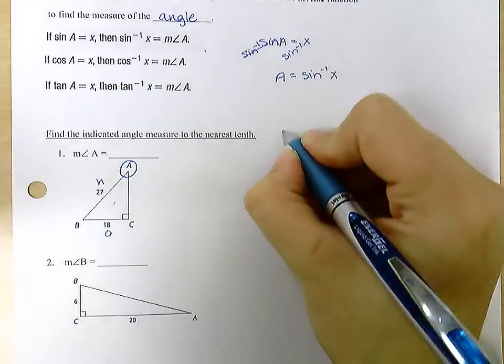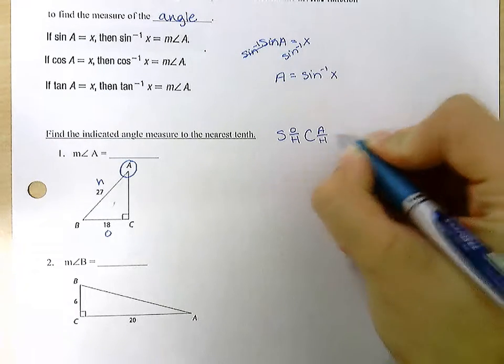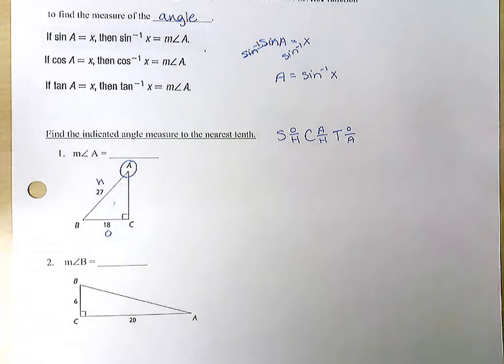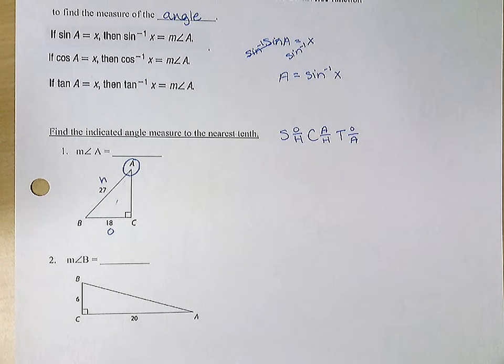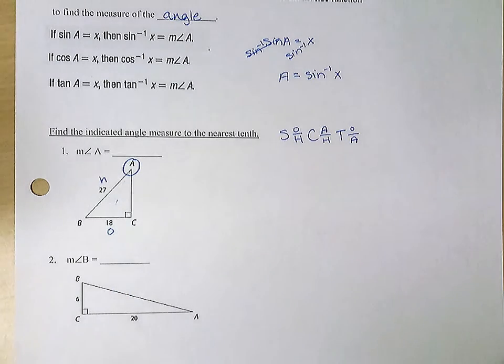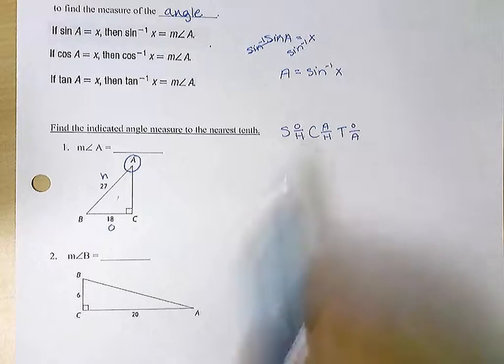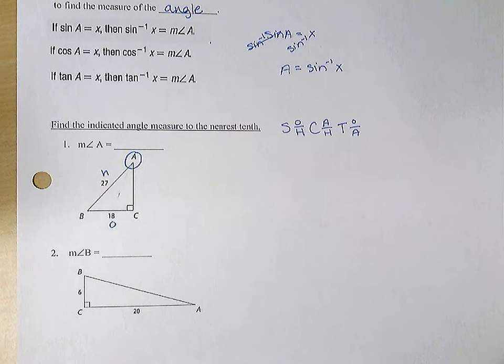Okay, so we're going to look at SOHCAHTOA again today. So just rewriting that on your note sheet here so you can use it. In my first problem, right now, I have O and H. Okay, if I have O and H, that's this first one right here. That SO piece, meaning I need to use sine.